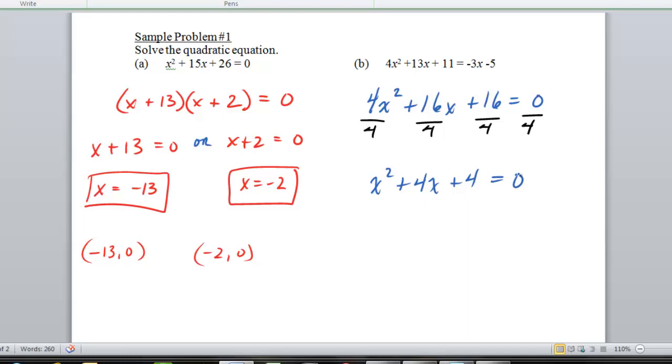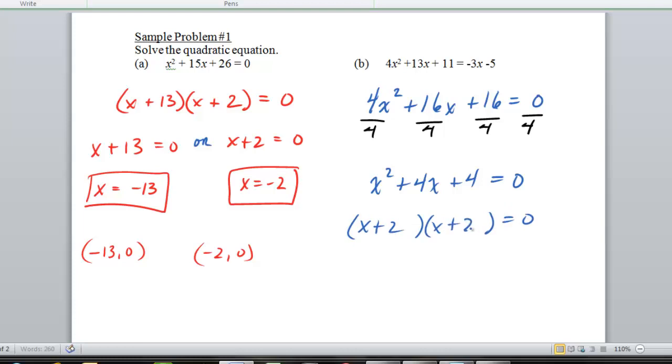I could have factored out the common 4, but it wouldn't have helped me get any other solutions. It would just have been a random 4 sitting out to the side. So you can factor it out, or you can divide it out when solving. I'm left with x squared plus 4x plus 4, which is a perfect square trinomial.